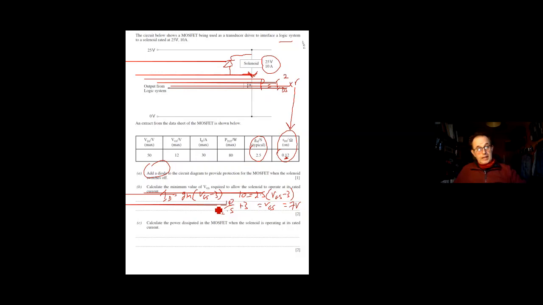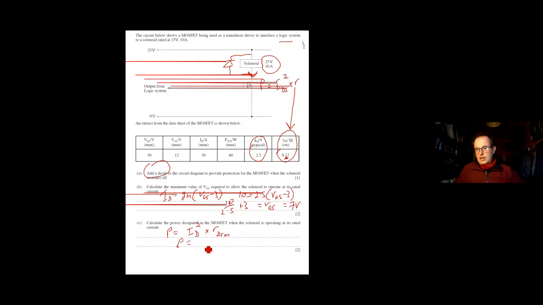And then finally, working out the power dissipated in a MOSFET. This is the equation that you get from your data sheet right at the start. So you quote the equation: you've got your ID squared as your drain current, and then you multiply it by your RDS on.